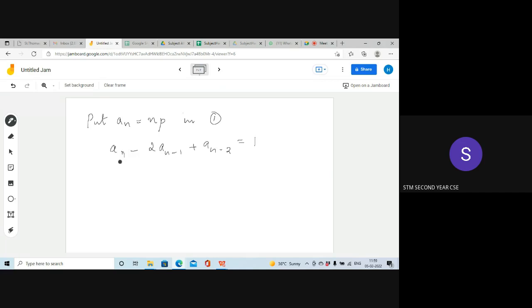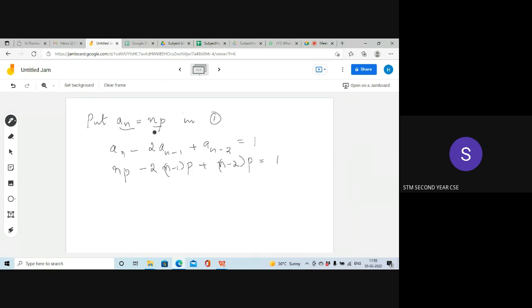So this becomes np minus 2 into (n minus 1)p, plus (n minus 2)p is equal to 1. Earlier we put p for everything. For the next term, we have to put (n minus 1)p plus (n minus 2)p.